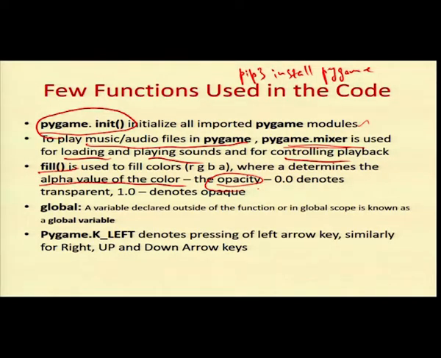Opacity determines the transparency. When you give the value as 0, it is fully transparent, that is, it is crystal clear. When you give the value of 1.0, it is fully opaque, that is, from this side, the other side cannot be seen.